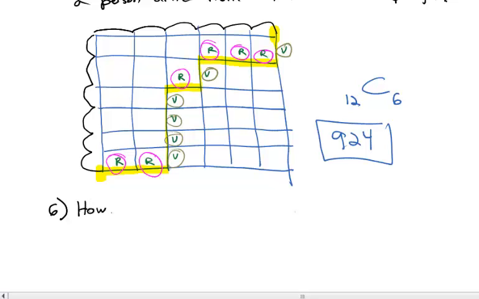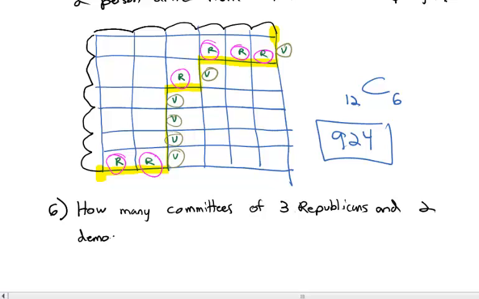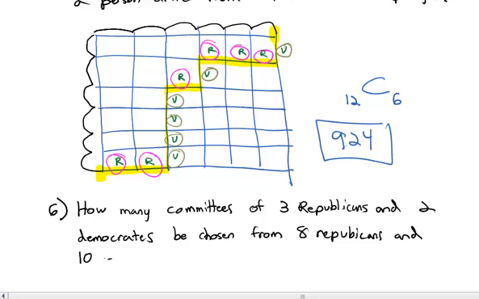Let's look at the question: how many committees could be formed of 3 Republicans and 2 Democrats be chosen from 8 Republicans and 10 Democrats.